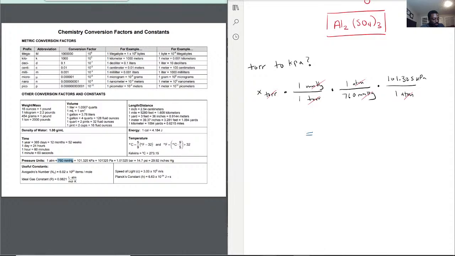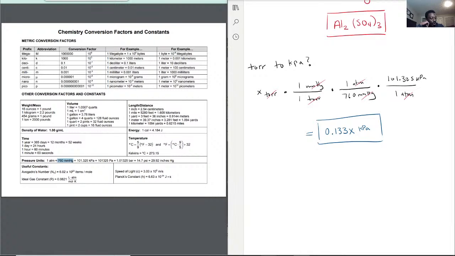So X, every torr that you get, it'll be 0.13, and we're just going to round there. Okay, 0.133, I guess. So 0.133X kilopascals. No matter what value you have when you plug it in from torr to kilopascals, let's say we had 1,000 torr.